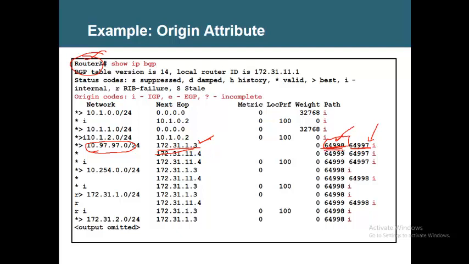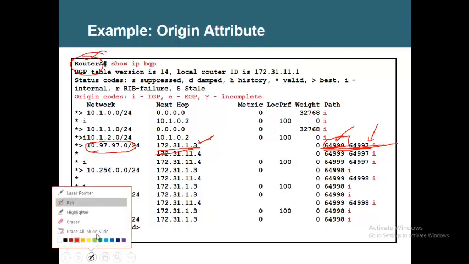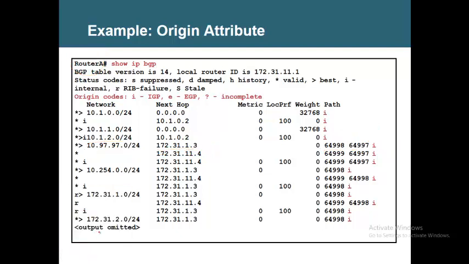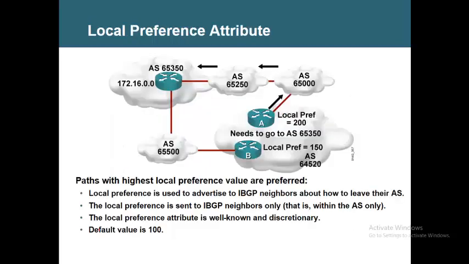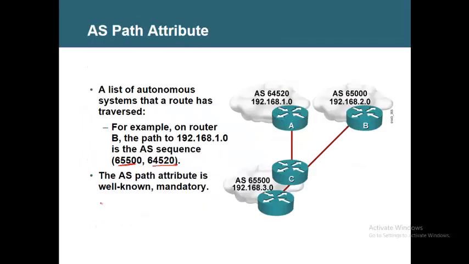You may have 15 autonomous systems in the path, or 10, depending on how many autonomous systems are in the path. AS path is a well-known mandatory attribute.